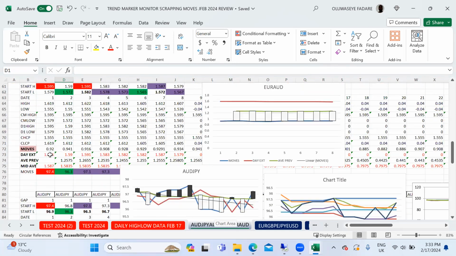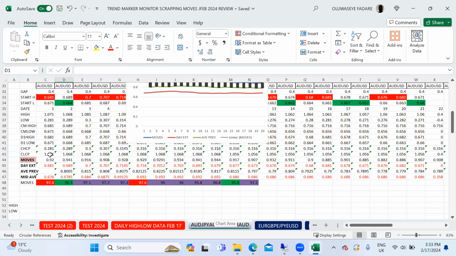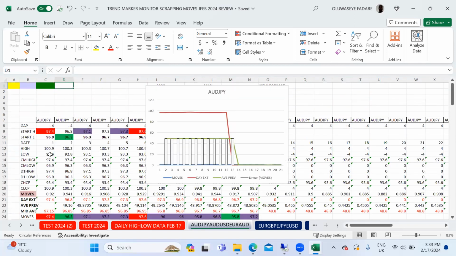Let's assume this is the monthly template. We're going to change this. This gap is a bit high, so let's put our gap at 2, or even let's say 1.5, just to see how it works.